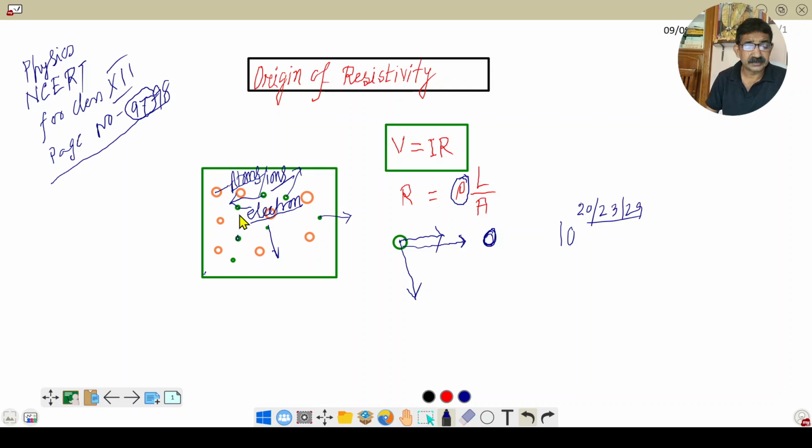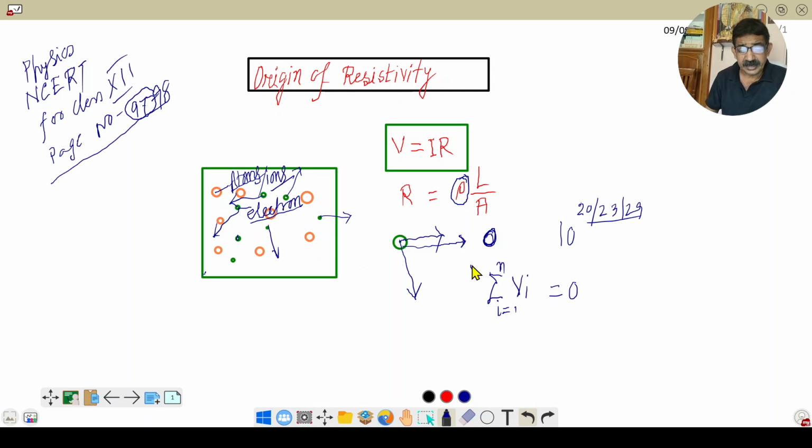If we add all the velocities vectorially, then we will get the summation of Vi from i equal to 1 to n, summation of Vi is equal to 0, because the vector sum of all these vectors will be 0.